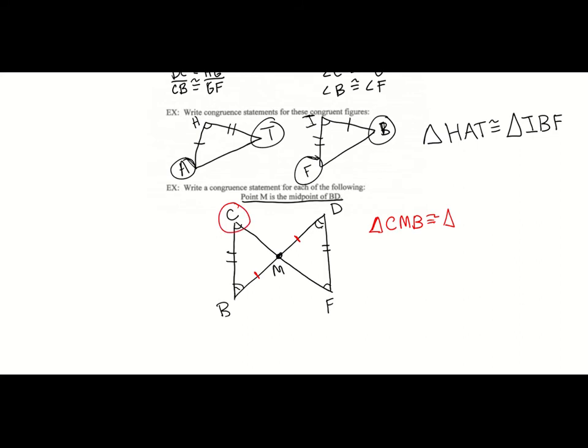We can see that C matches F, and then we can see that angle M here matches itself. And then B matches D. So that is our congruency statement for those two.